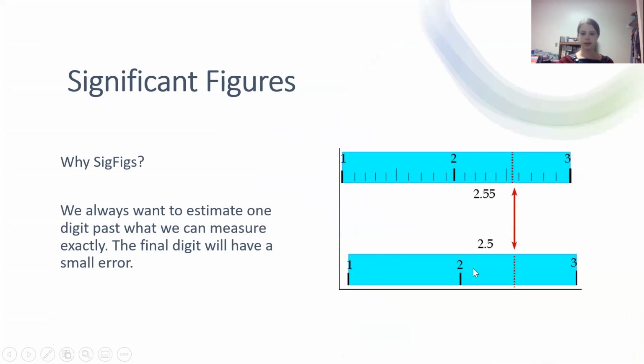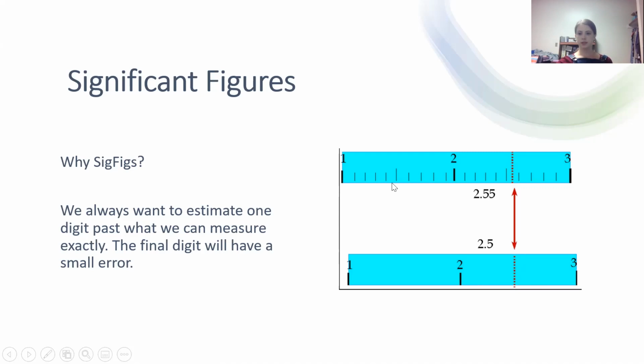So here you can see it on this ruler. Right here we have 1 inch, 2 inches, and the line goes to right here. And we know it's at least 2 inches, but we don't know exactly what it is, so we estimate. We estimate that it's about 2.5.